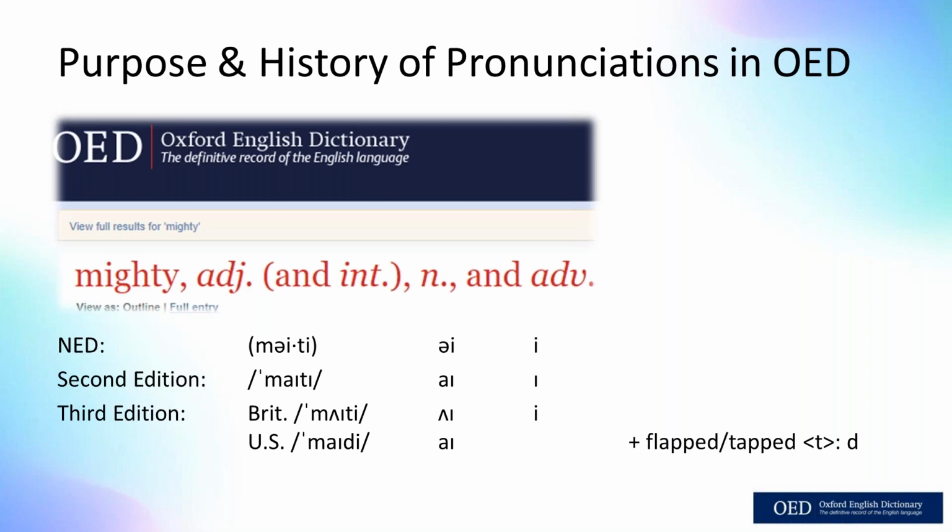Then by the time we get to the third edition, many things remain the same, but note that the transcription of the diphthong I has changed to use the inverted V symbol. This was one of the Upton innovations, and the dotted I at the end. And then the other thing that we see is with the US one, the flapped or tapped T, as in a pronunciation like mighty, is represented with the D symbol.